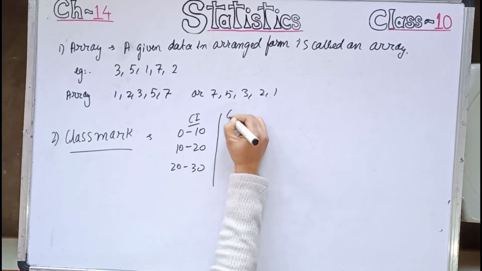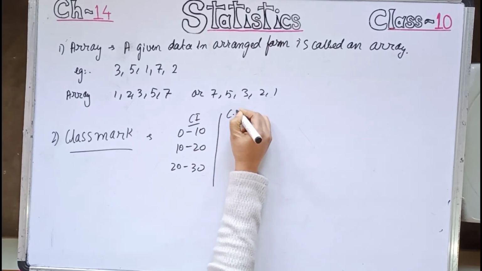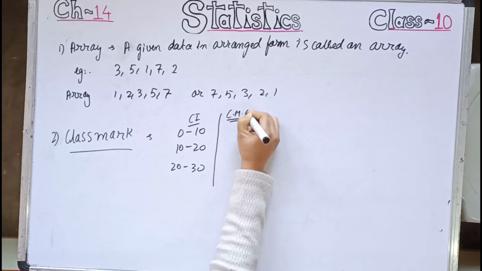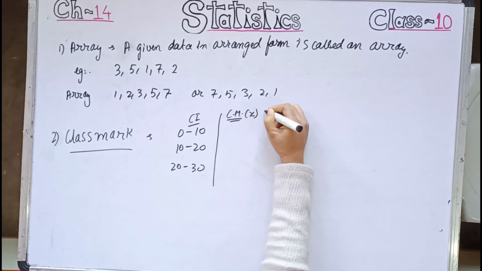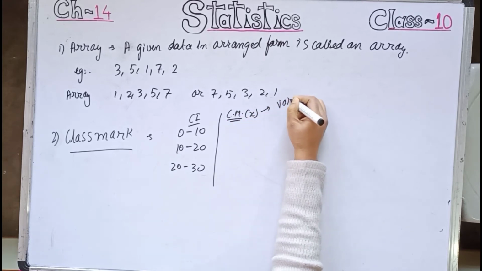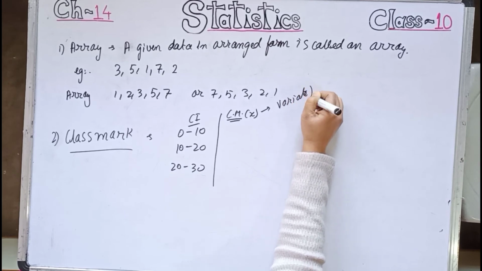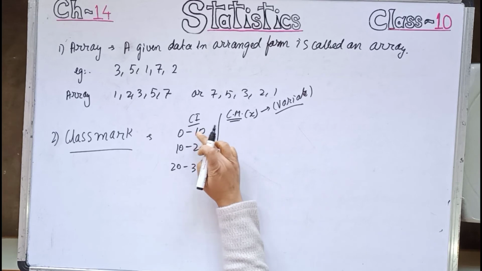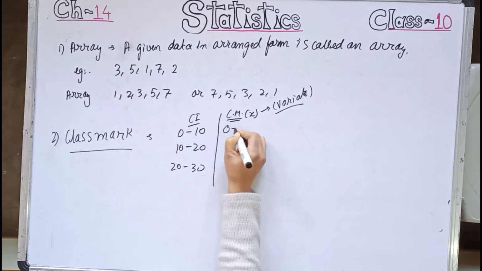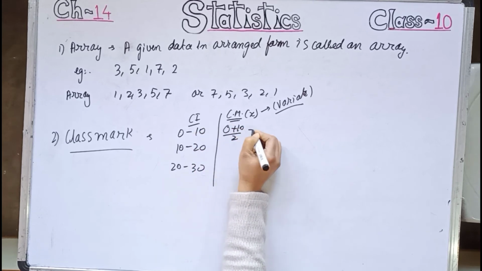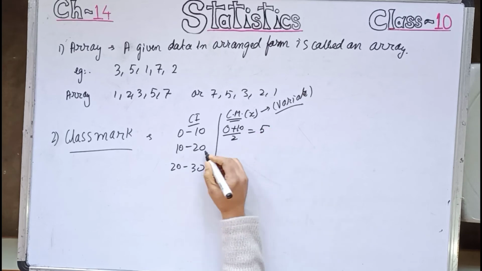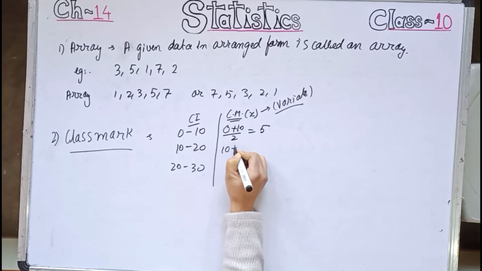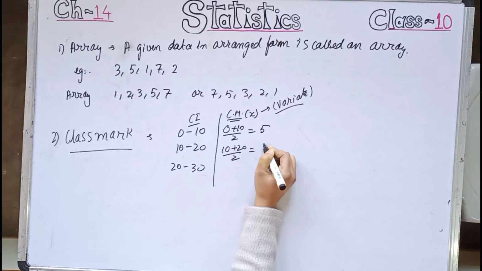Then class mark, which we write as CM, is denoted by X, and X is also called variate. Now class mark is lower limit plus upper limit divided by 2. For 0 to 10 it equals 5. For every class interval, class mark is lower limit plus upper limit by 2.